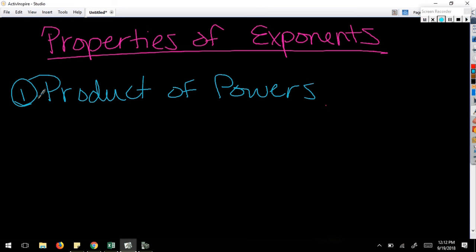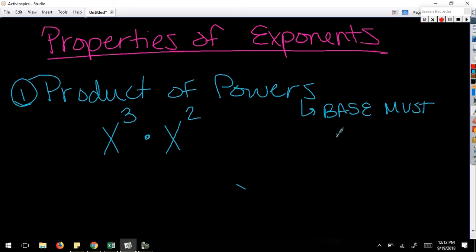So, product of powers says I'm multiplying these two things together. X to the third times x to the second. Okay? Notice that the base is the same, and that's the key. The base must be the same. So somewhere on here you might want to put a note. Base must be the same. So if this was x to the third times y to the second, this rule wouldn't apply.